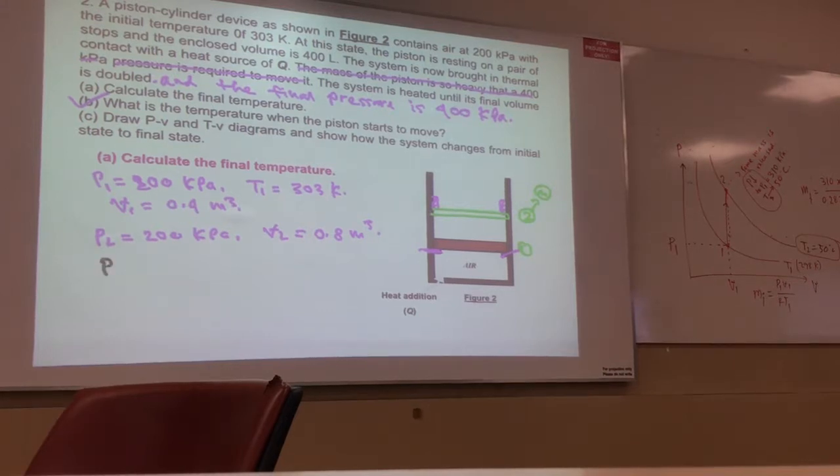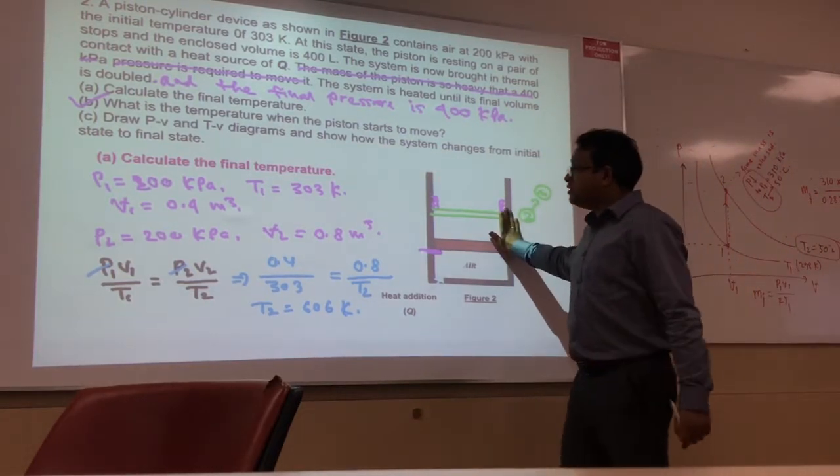Then P1 V1 by T1 equals P2 V2 by T2. So P1 and P2 cancel. V1 is 0.4. T1 is 303. 0.8, T2. 606 Kelvin. So this is the intermediate temperature.